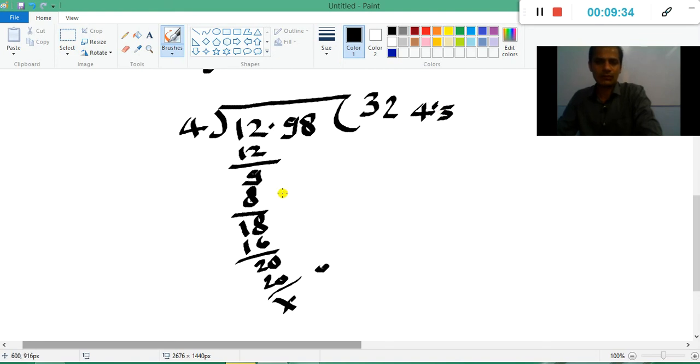When we consider 0, we have to put the decimal, but we are dividing 12.98, so move the decimal to the extra 2 digits to the left hand side, because this decimal is already placed after 2 digits, so here we will shift this digit 2 more digits to the left side. So the answer will be 3.245. Okay students, if you think you should show this division, you can do, otherwise it is not necessary. The answer is 3.245.